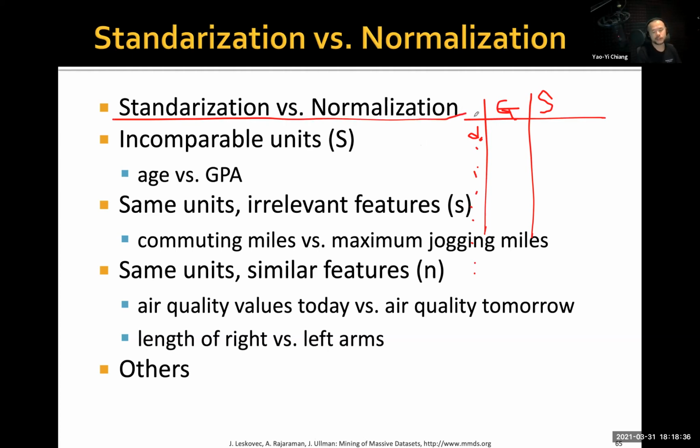So why is this important? Think about this. If you want to calculate the Euclidean distance between two data points, what would be the maximum distance between two GPAs, assuming your GPA is 0 to 4? That will be 4, right? If you only look at the GPA dimension, the maximum distance is 4.